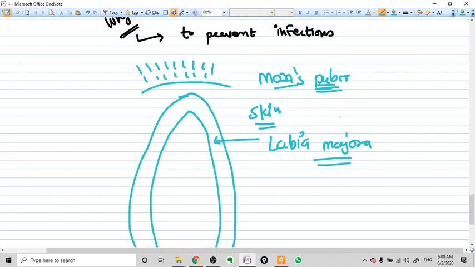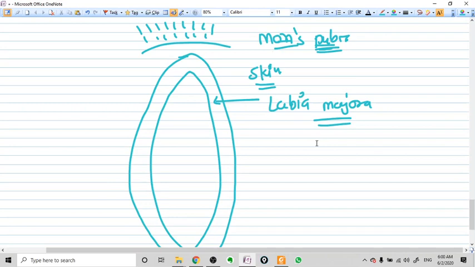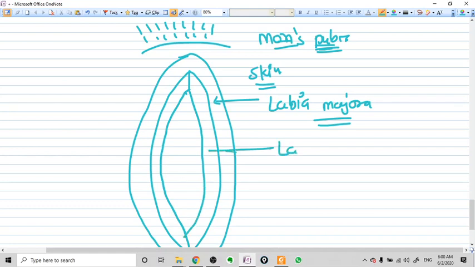Now, inside the labia majora is just skin folds. But inside the labia majora, there is another fold of mucous membrane, and these folds are known as labia minora, for additional protection of all these structures.